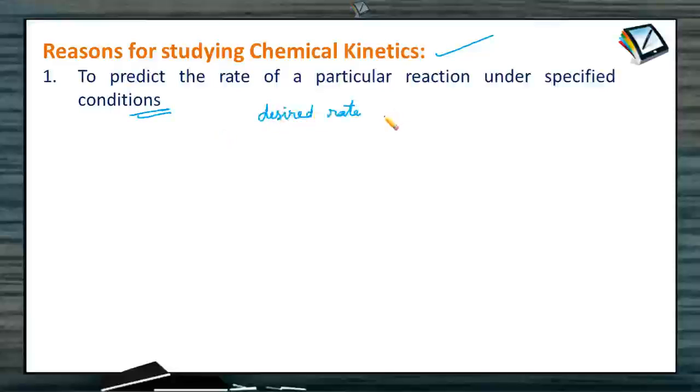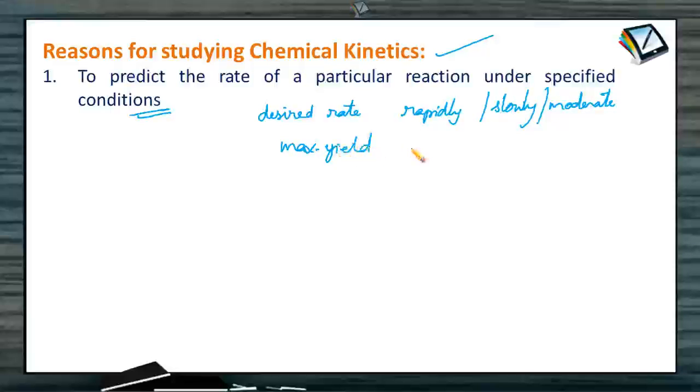So by altering those factors, we can make the reaction occur very rapidly or slowly or with moderate speed. So based on the requirement, we can change the factors, and accordingly these principles are used in industry in order to get the maximum yield of industrial products.